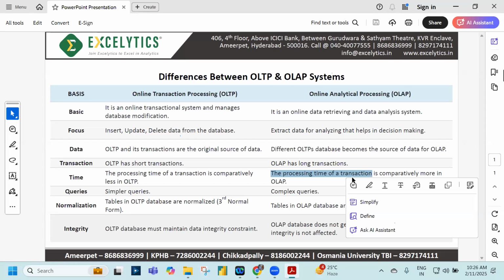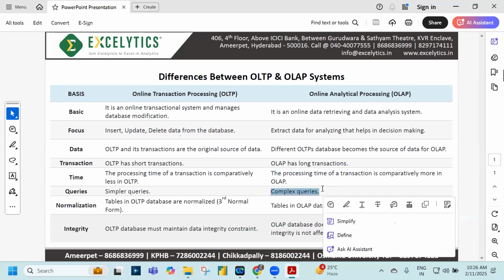So usually the OLAP transactions take more time because they have to perform analysis on the data. It's not just insert, update, delete, right? We usually write complex queries in OLAP. So what is this data normalization and integrity? Data integrity I'll show in the upcoming examples, but so far you understood OLTP and OLAP, right?